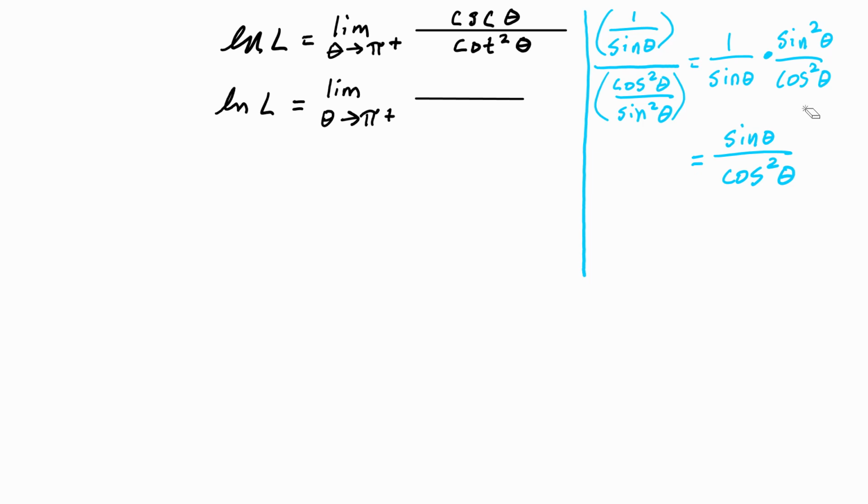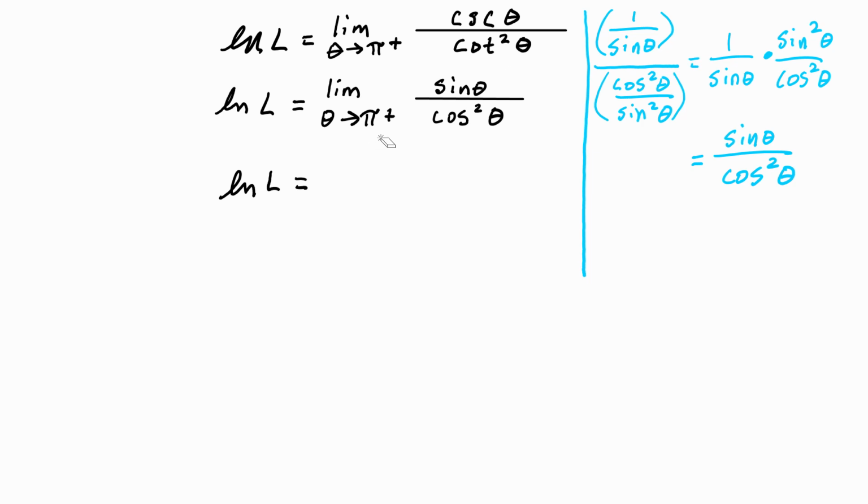And let's take this expression and bring it into our limit. Sine theta over cosine squared theta. Now we have natural log of L is equal to, let's go ahead and do this limit now.